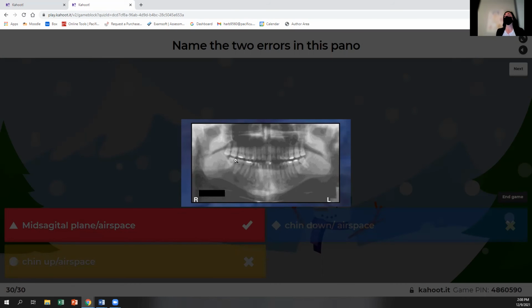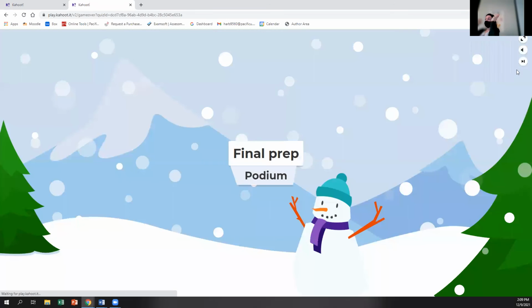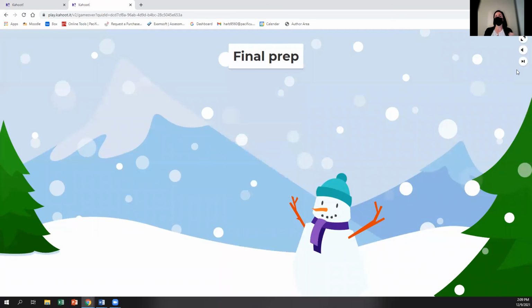I know it's hard for you to see, but I think these molars are a little bigger than those over there. If your condyles are off the page, sometimes that's with the chin down too far. So that one is kind of tricky. Hopefully the pano on the exam won't be quite that tricky, but that could make your condyles go off the page.